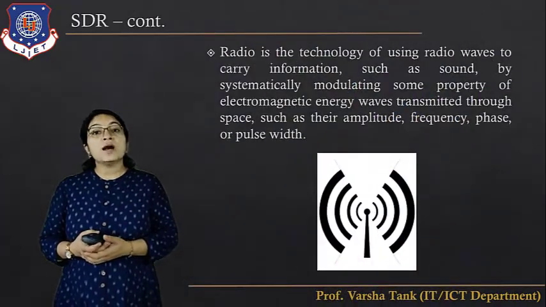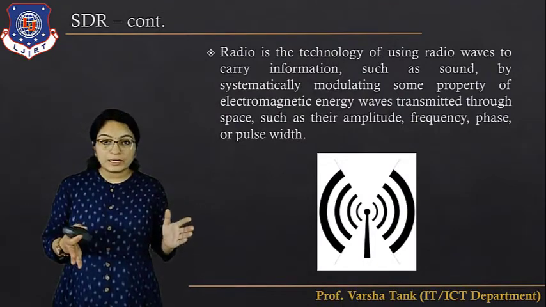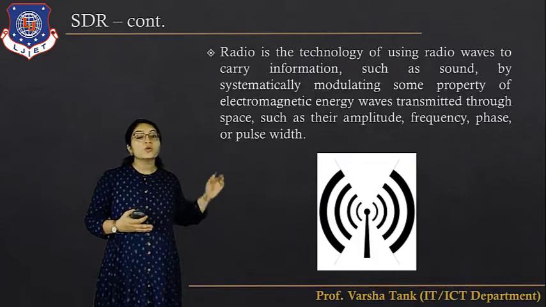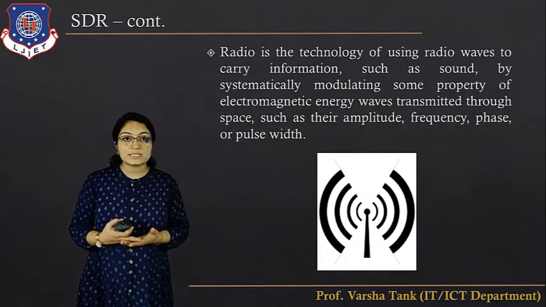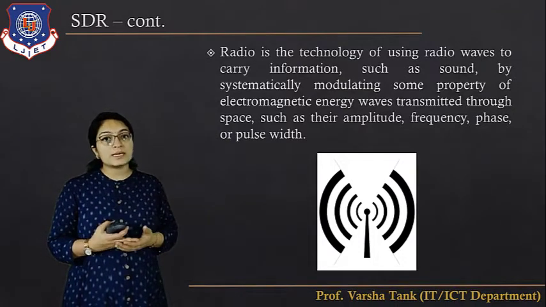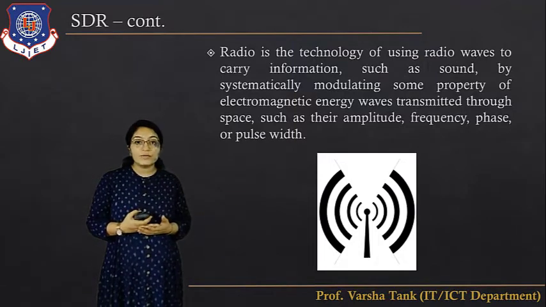Now, what is radio? Radio and software are two totally different things. Radio is the technology using radio waves to carry information such as sound by systematically modulating some property of the electromagnetic energy waves transmitted through space, such as their amplitude, frequency, phase or pulse width.